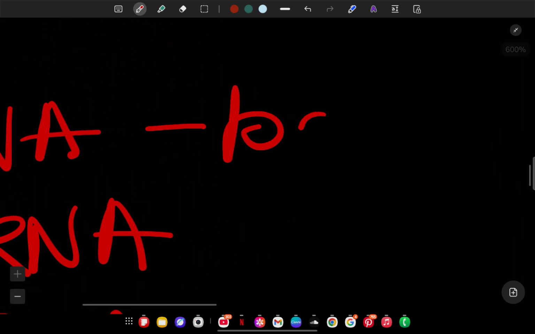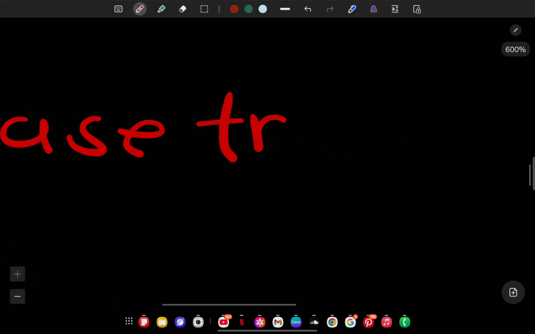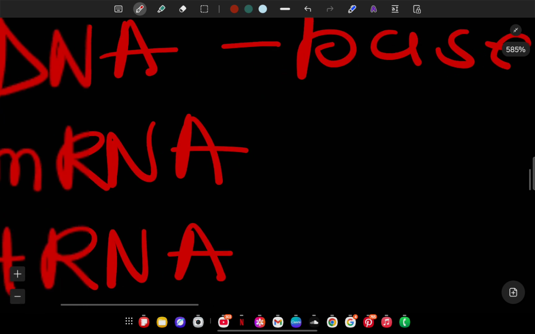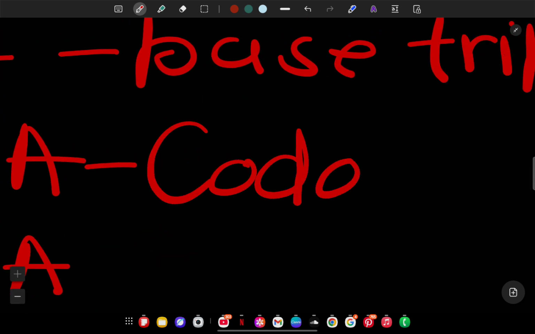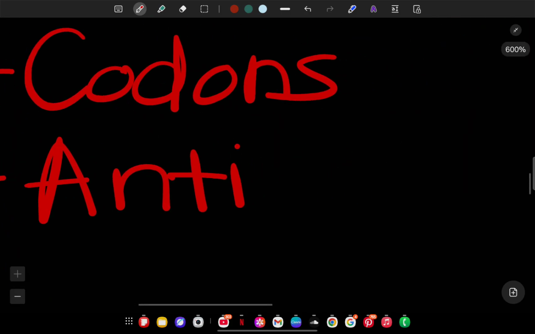Here we call them a base triplet. When we come here, we call them codons. And then here we call them anticodons.